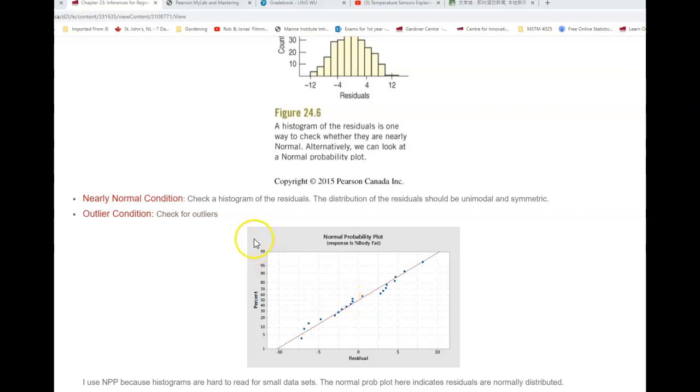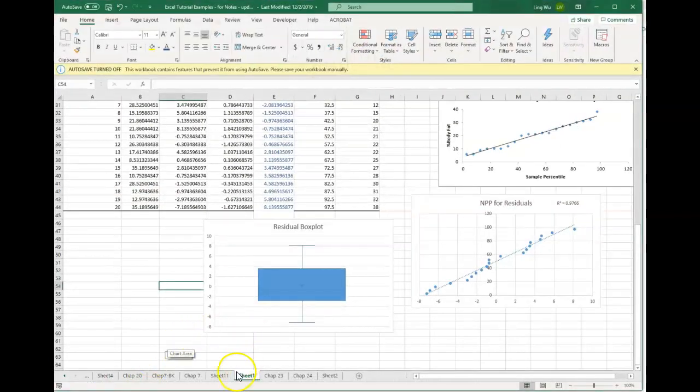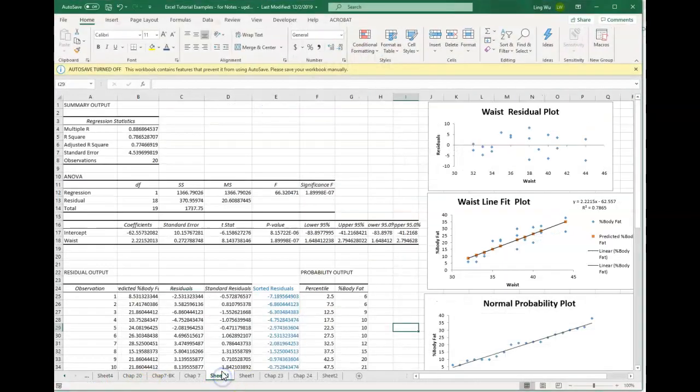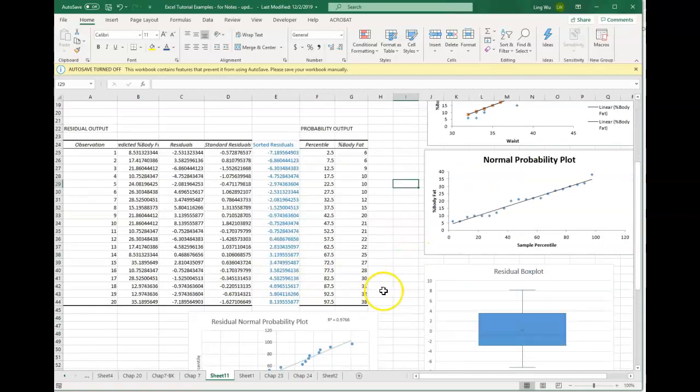And we usually do not do histograms for small data sets, because small data sets do not really show the unimodal and symmetric pattern. Let's take a look back. This is what I did in the previous, same outputs.